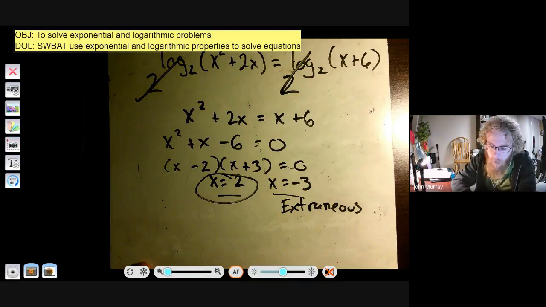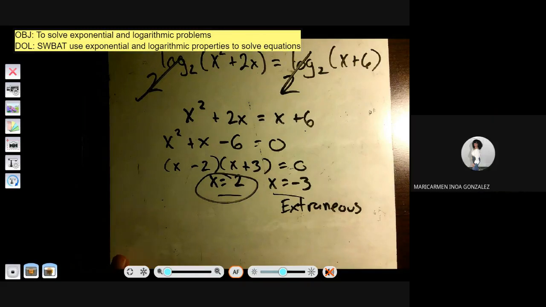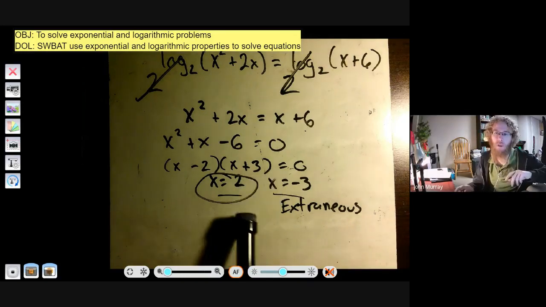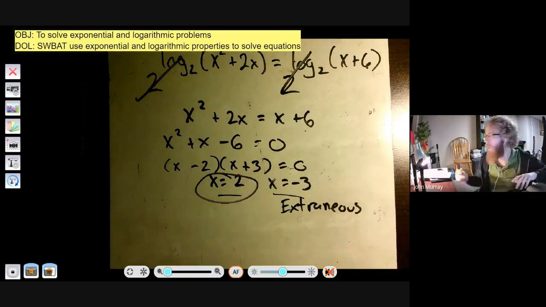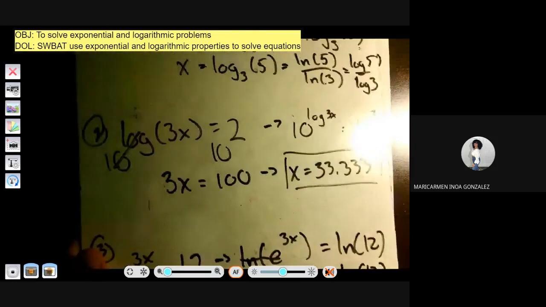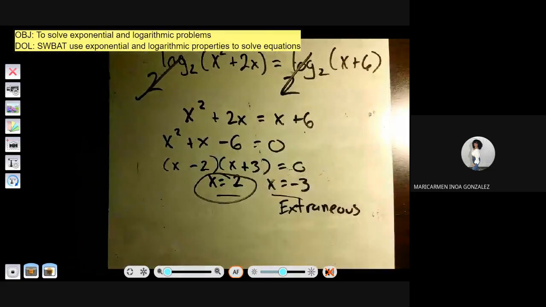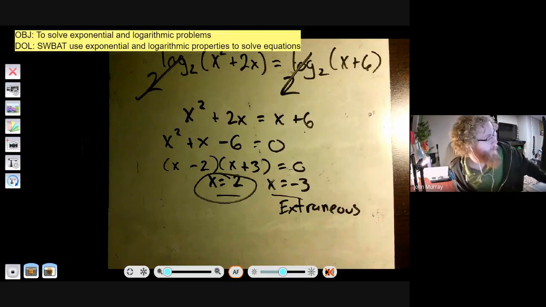All right, any questions about the homework? We weren't supposed to put the exact values because you didn't ask for that, correct? Right, correct. I mean, with this one, it's straightforward. You just get x equals 2. Yeah, I was saying, like the other ones. Oh, okay. Thank you. Yep, the decimals are good.